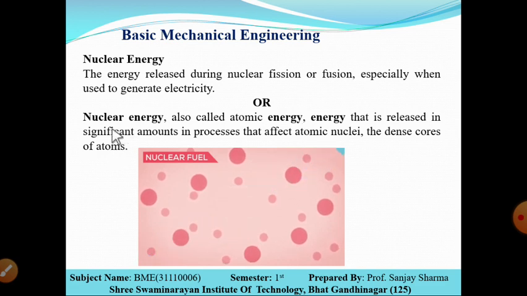So there are nuclear power plants also in our India, where the nuclear electricity is generated with the help of nuclear power plants. It is also termed as atomic energy. The energy which is released by the atom during the fission or fusion action is termed as nuclear energy.